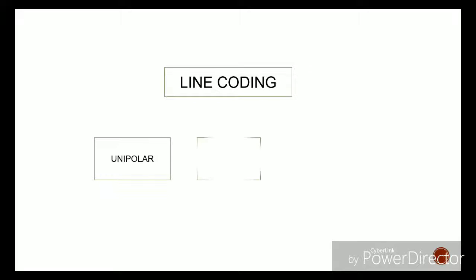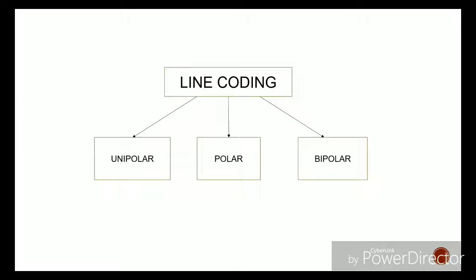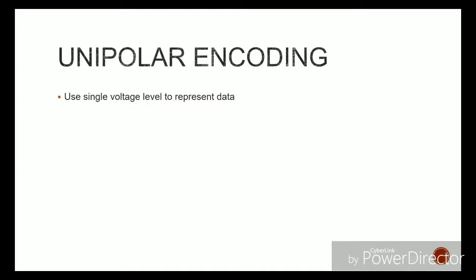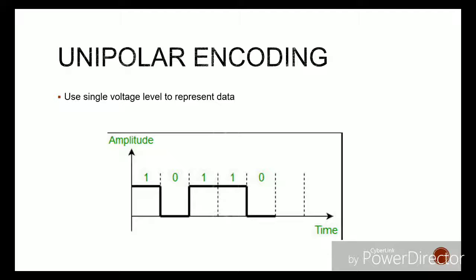Line coding has three types: unipolar, polar, and bipolar. Unipolar encoding uses a single voltage level to represent data. Uni means single.